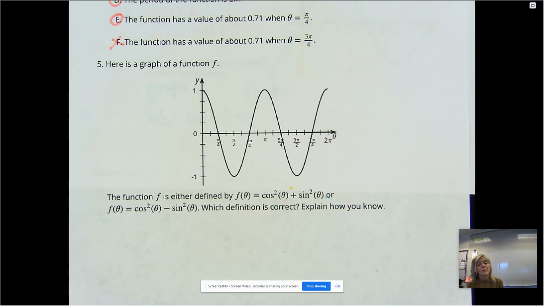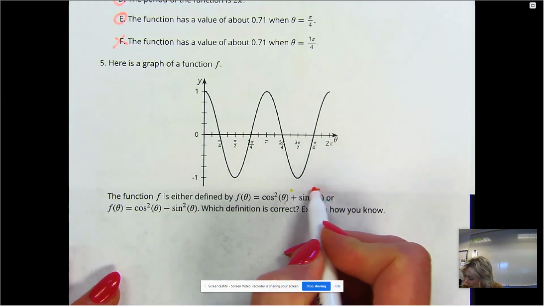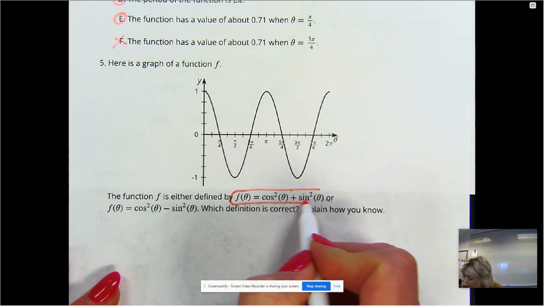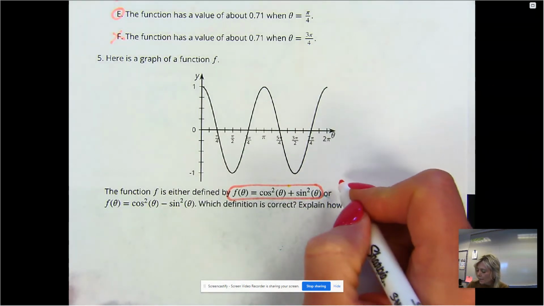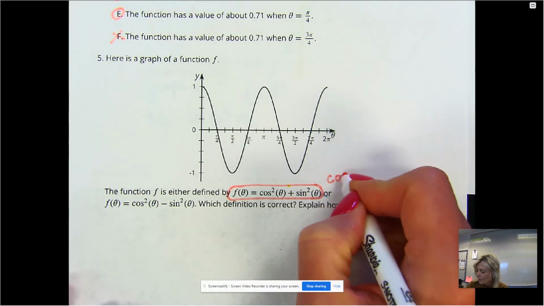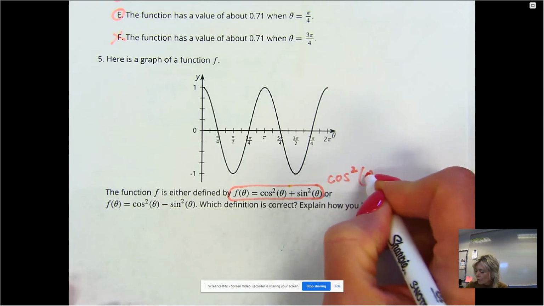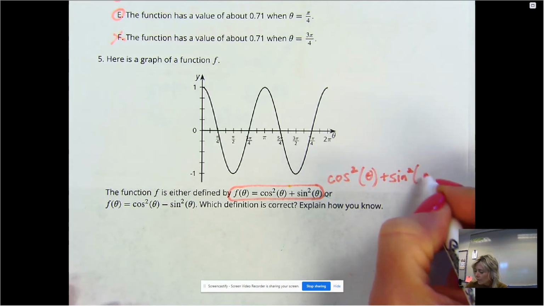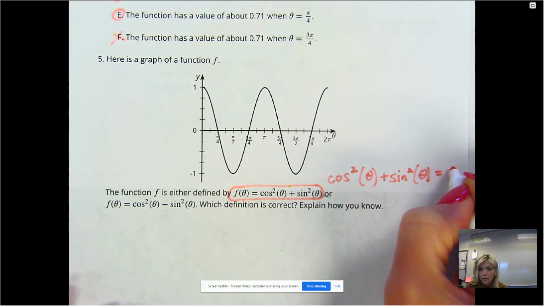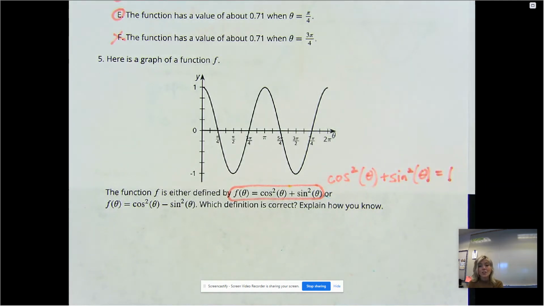Well, we graphed this one in class today. It was on that Desmos at the end of our class period. And we saw that this is actually a true thing. We saw that because when we graphed that, we got a flat line at y equals 1.